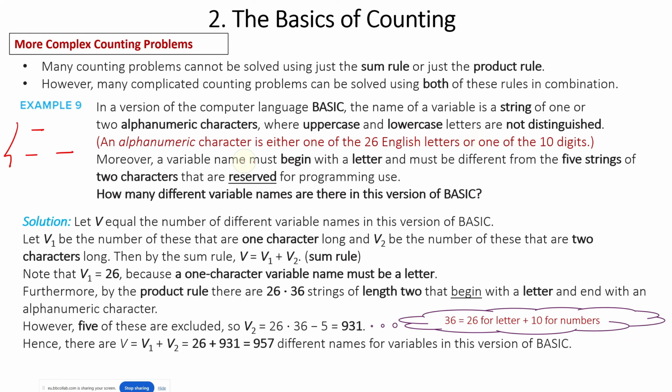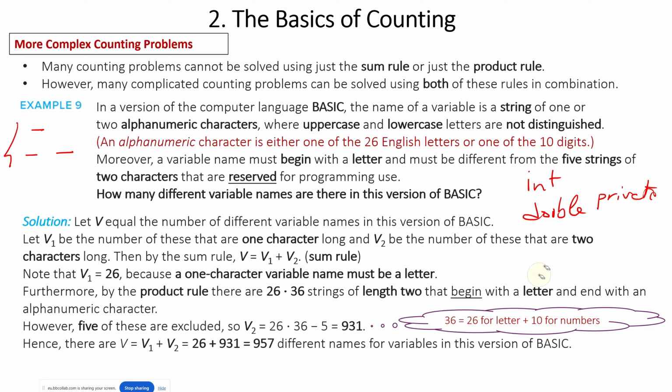It must begin with a letter and must be different from the 5 strings of 2 characters that are reserved for programming languages. You all know, for example, even in Java, you cannot name a variable int or double. Why? Because these are reserved words, like private, public. You cannot use them.